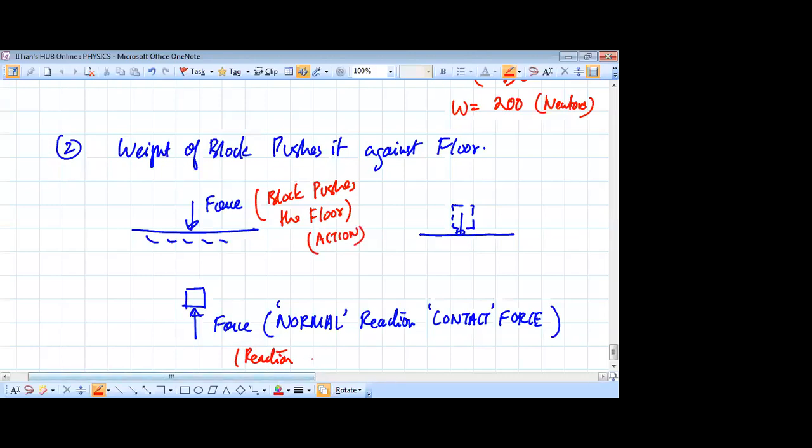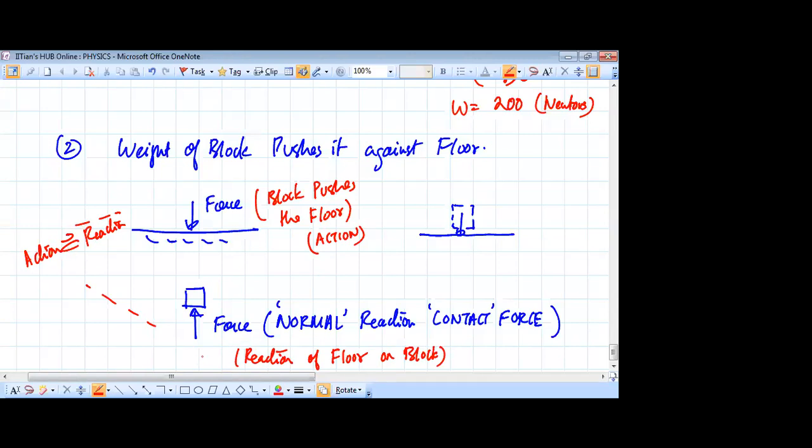This is the reaction of the floor on the block. So this and this are an action reaction pair. Action reaction pair is not gravity and normal reaction.